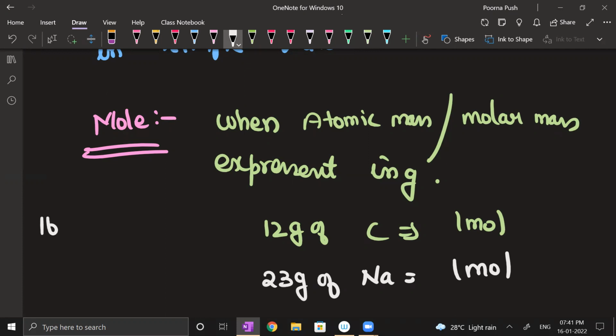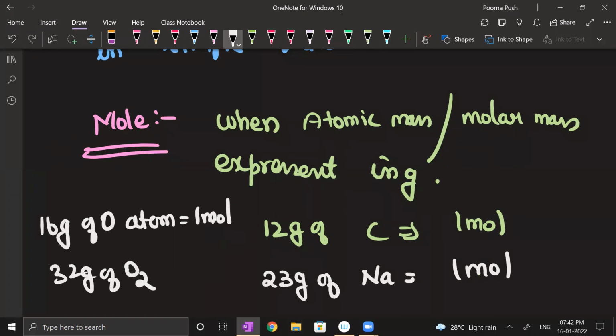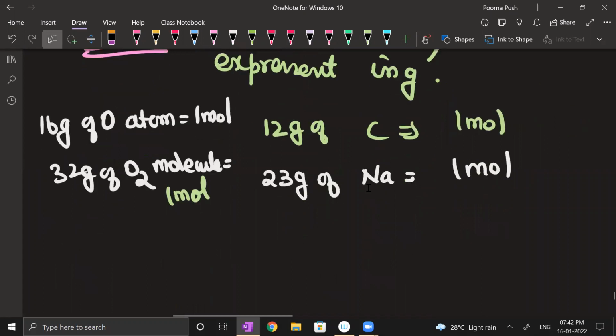Oxygen's weight is 16, so 16 grams of oxygen atom is 1 mole. 32 grams of O2 molecule, because oxygen is diatomic, which means 2 atoms are always together. So atomic mass or molecular mass expressed in grams is nothing but 1 mole.